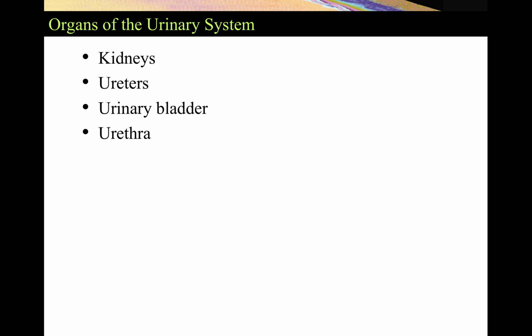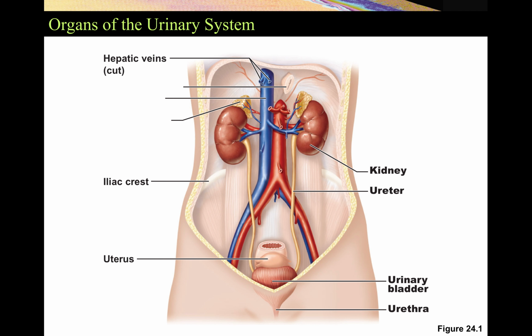Something to note is that the urethra between male and female is different as far as size and dual functionality or single functionality. Keep that in mind as we go through this PowerPoint. Here is the picture of the urinary system. You have a right kidney and a left kidney.